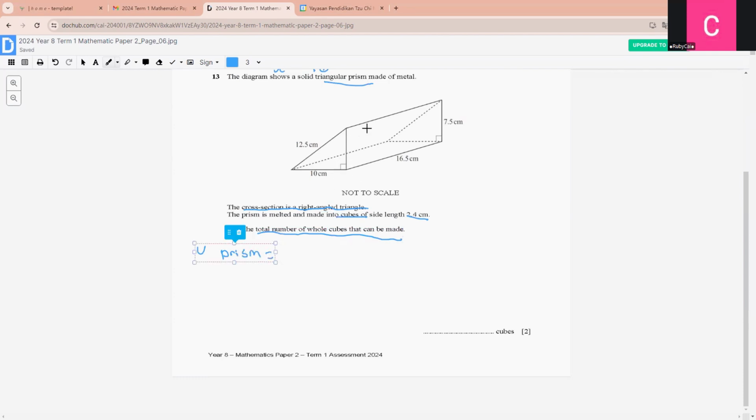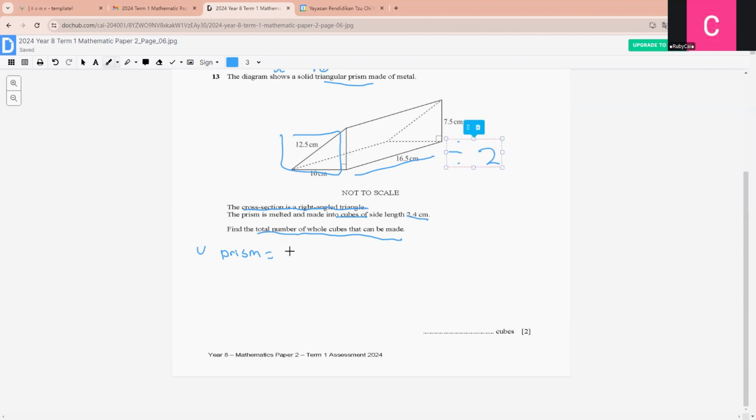And to find the volume of the prism, we find the cross section, which is the right angle, multiplied by the side, which is this, and then we divide it by 2.